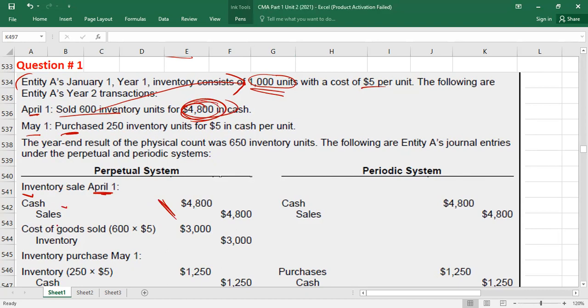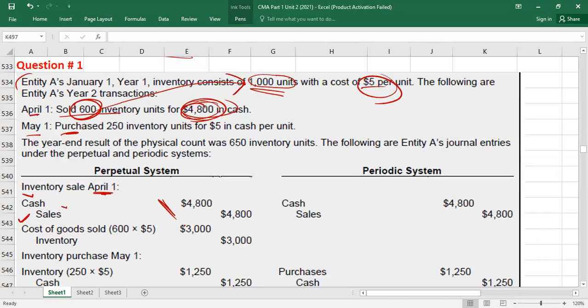Understood? Then obviously when you sell any item, you have to record corresponding cost of goods sold and inventory also. And what was the cost per unit? 5 per unit, which you sold. And how many units you sold? 600, because you sold from opening inventory. So 600 times 5 is going to give you 3,000. What entry will you pass?